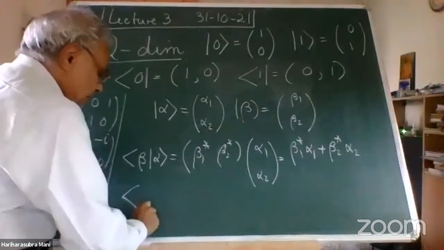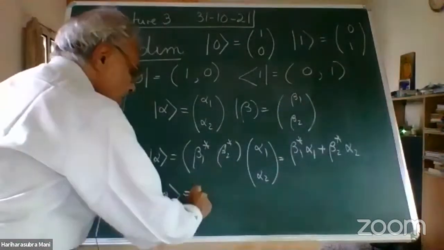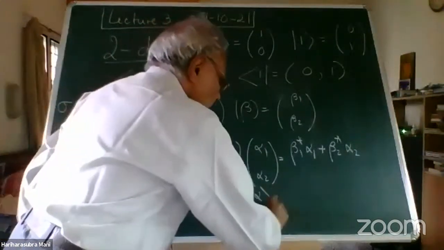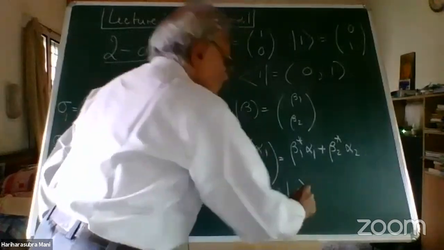And if beta alpha is 0, then alpha and beta are orthogonal.